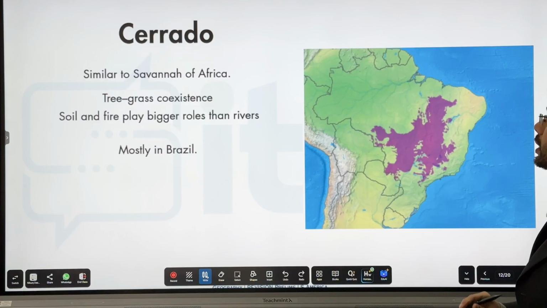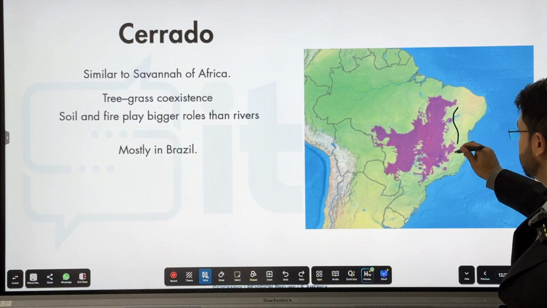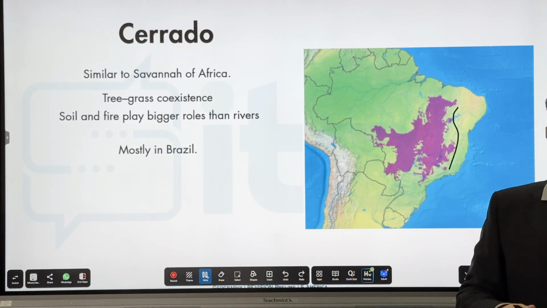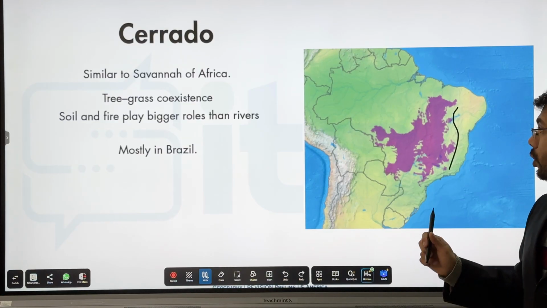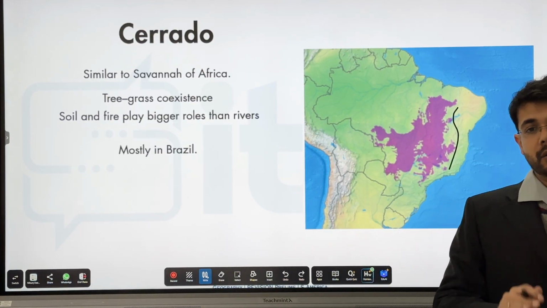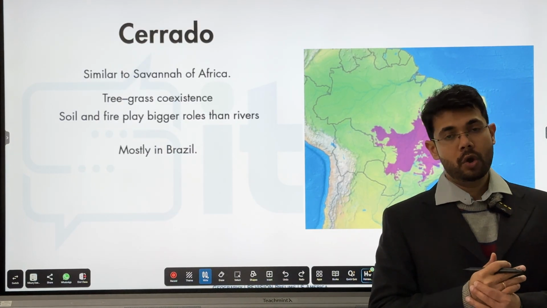Cerrado is different. Cerrado is the other grassland, which is not because of river waterlogging like over here. Cerrado is completely similar to the savanna of Africa. Now, savanna grasslands of Africa have a fire system going on.